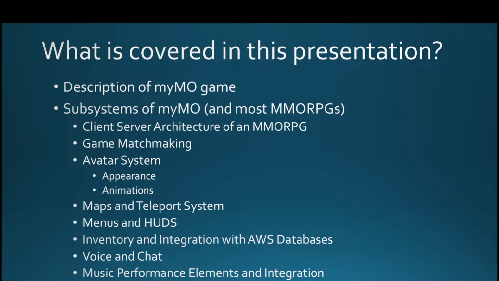So I'm going to cover a lot of stuff, but I'm going to describe the game, the subsystems that we have, and almost all MMORPGs will have some version of these systems. And we're talking about basic client-server architecture of a multiplayer game, how you discover people to play the game with, called matchmaking, your avatar system or the character in game, your presence, its appearance, animations, and so on.